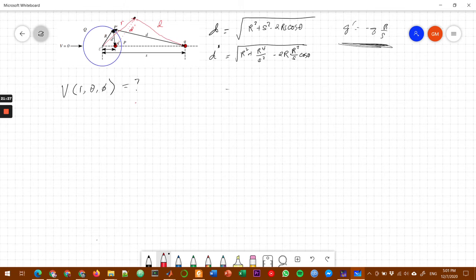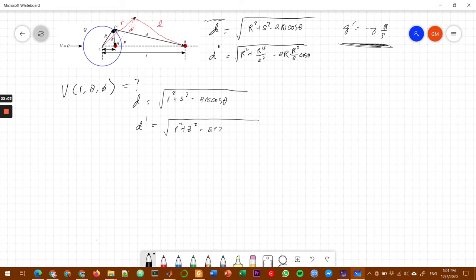So my new d would be like this. Instead of a big R, it's the same. So I have a small r squared plus s squared minus 2rs cosine theta. And my d prime, as you might guess, is just a small r again: r squared plus z prime squared minus 2r z prime cosine theta.